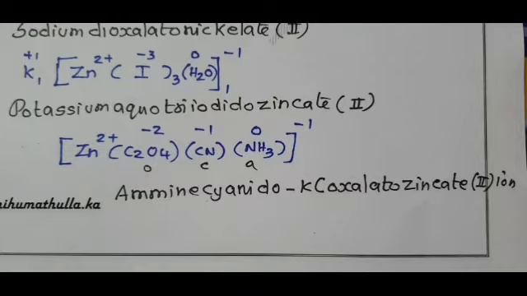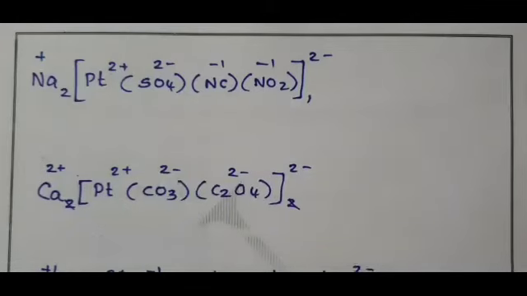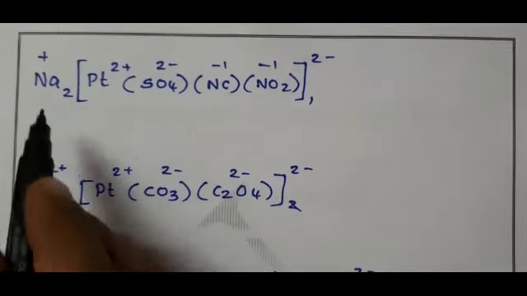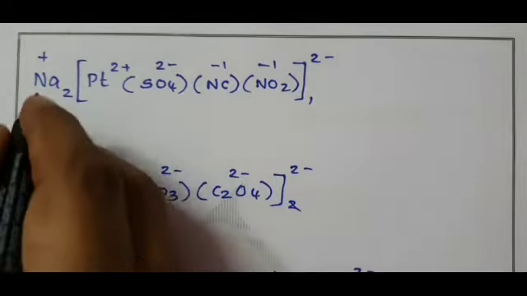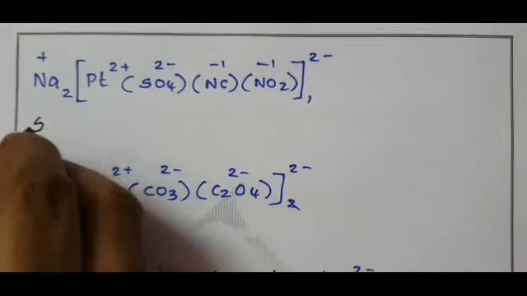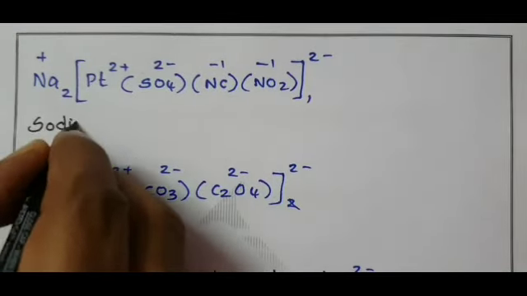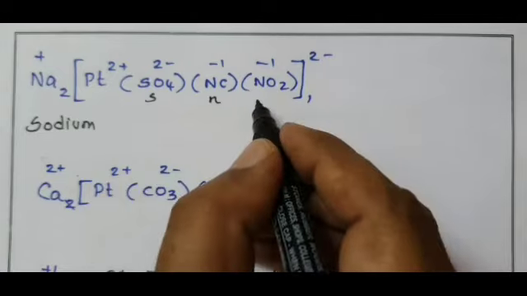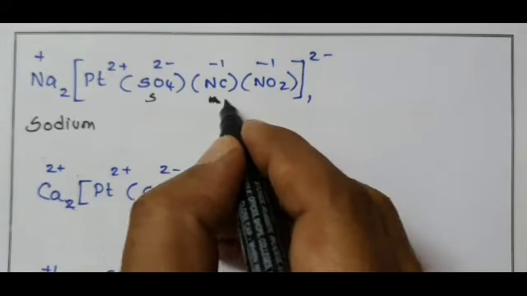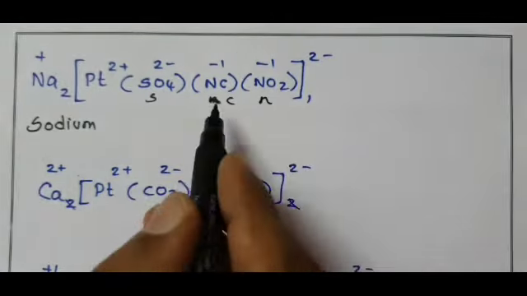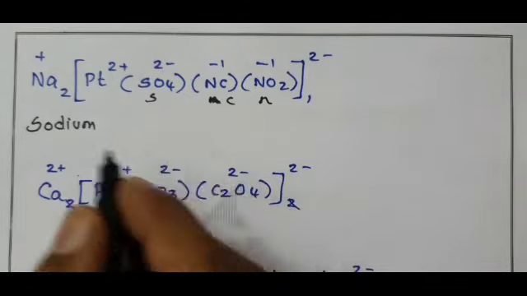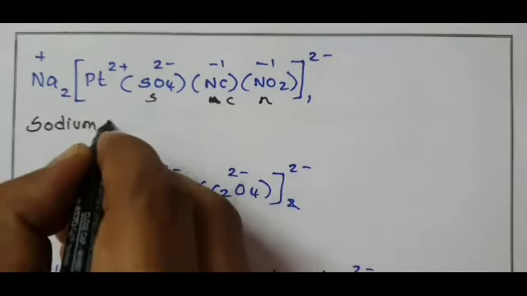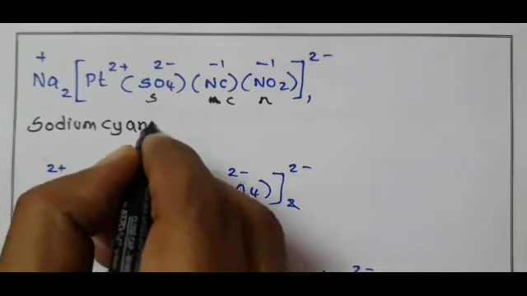Now other complexes we are going to name. The next complex is a cation, sodium, therefore start with the caps, sodium. How many ligands we have? Sulfato, cyanido kappa N, cyanido C, nitrito, C first, then N, then S. Cyanido, it is an ambidentate ligand.